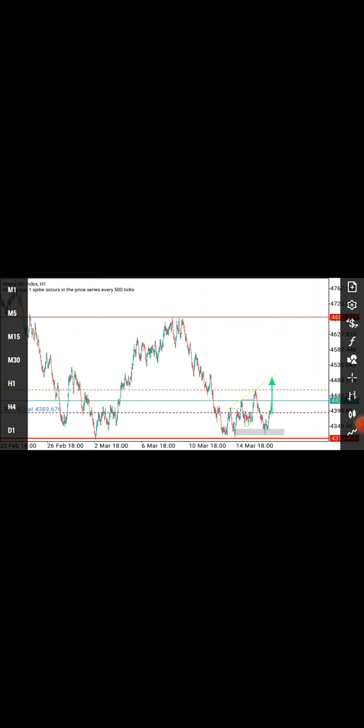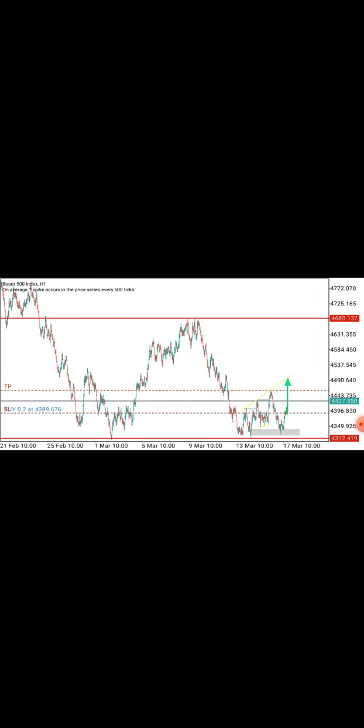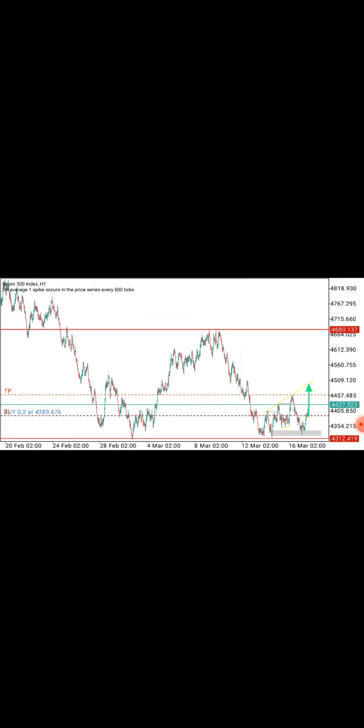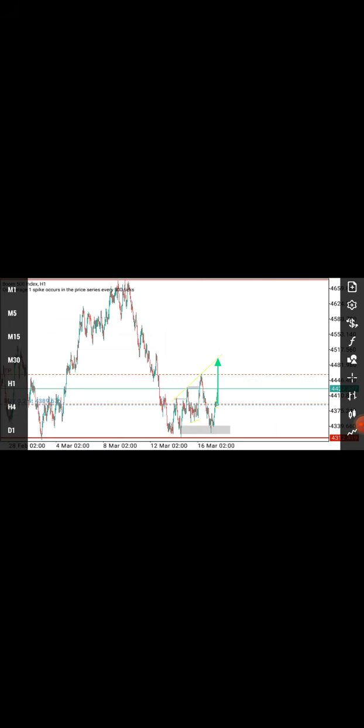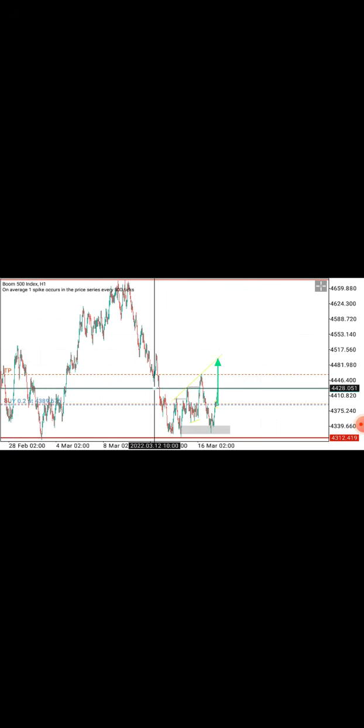Okay, so guys, before you analyze, before you trade, the first thing you're going to check is the market structure, right? You can see that the market has been dropping, and then we got a rally to the upside, and then we dropped, and then we kept on consolidating right here, respecting this previous low.